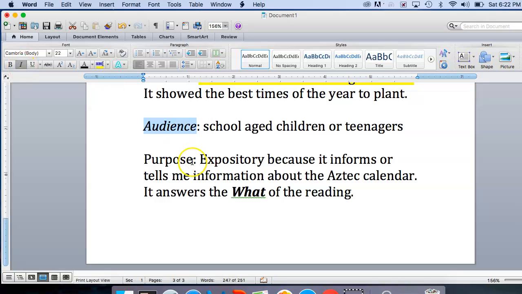So what's happening now is you're going to look at your packet. You're going to read something and answer questions about it. If you didn't get the packet, I will post a Word document on Microsoft Teams that you can read, and when you open it, you can type on the Word document and answer questions, and then you can send that document to me.